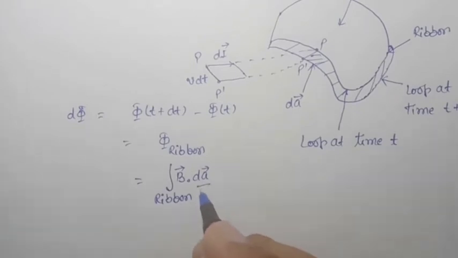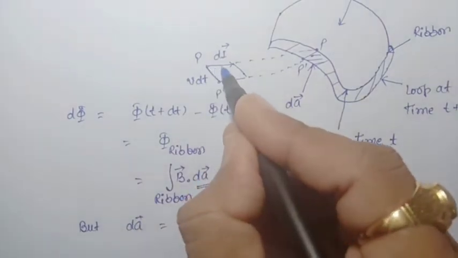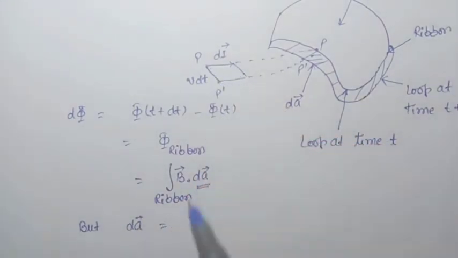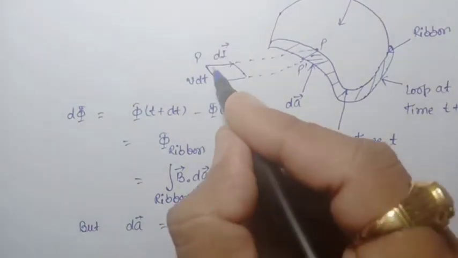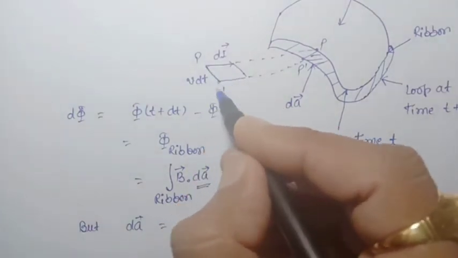But this dA, the infinitesimal area, is a length times a breadth: the length is dl, and the breadth is v dt.